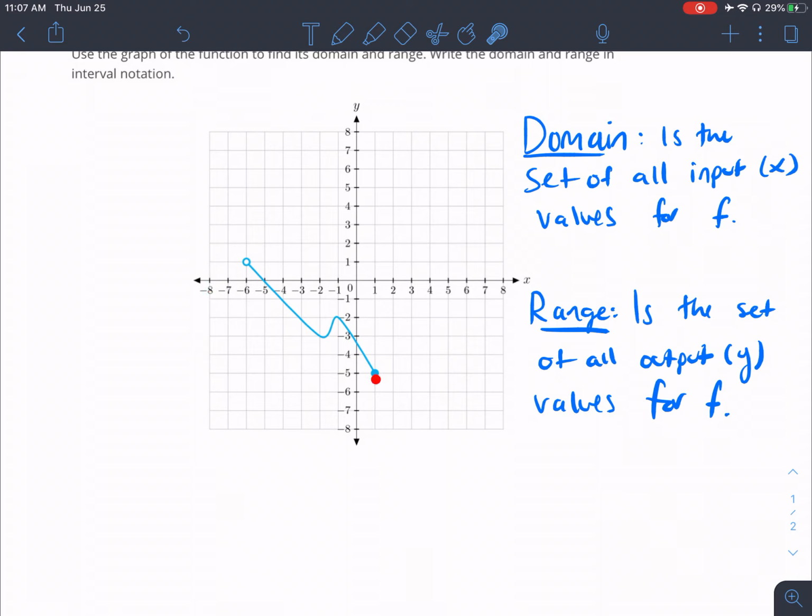We know 1 is in the domain, but you want to see what's the smallest x value in your domain. You might be tempted to say that -6 is the smallest value, but the whole purpose of writing an open circle is that it means anything a little bit greater than -6, like -5.9, is included.